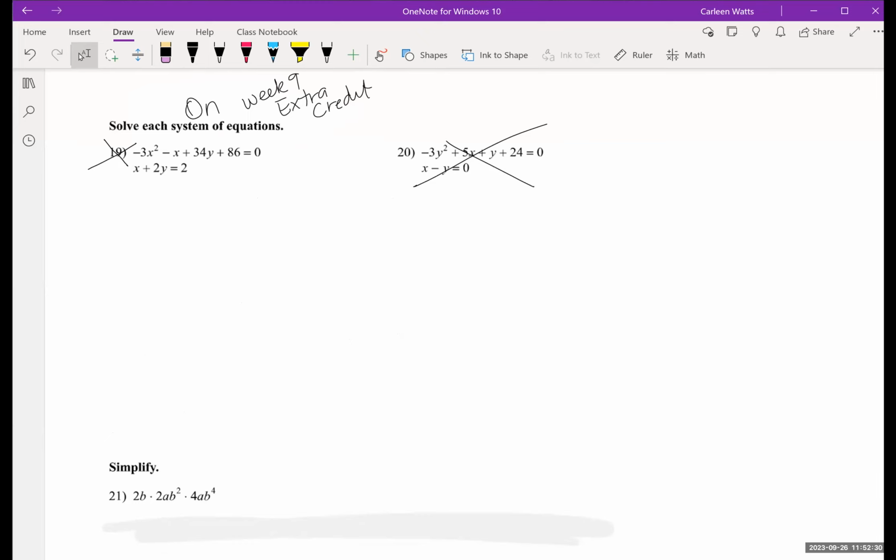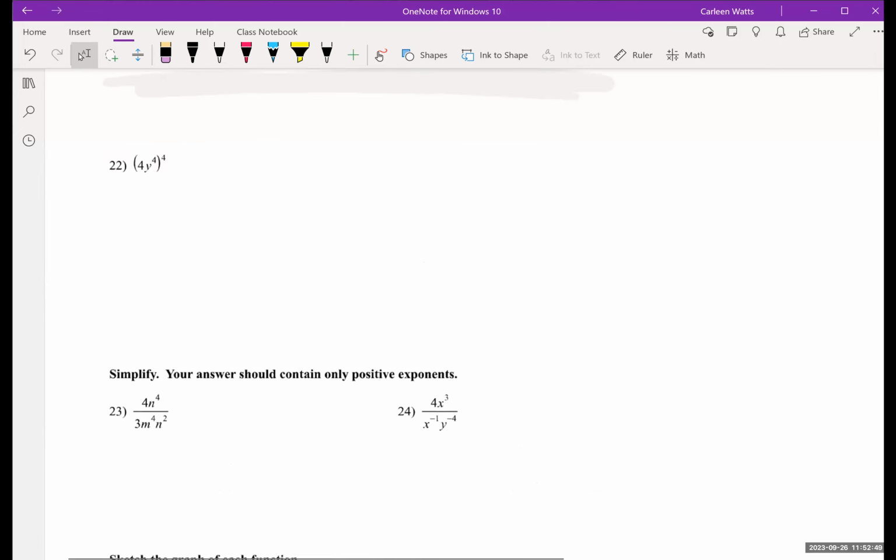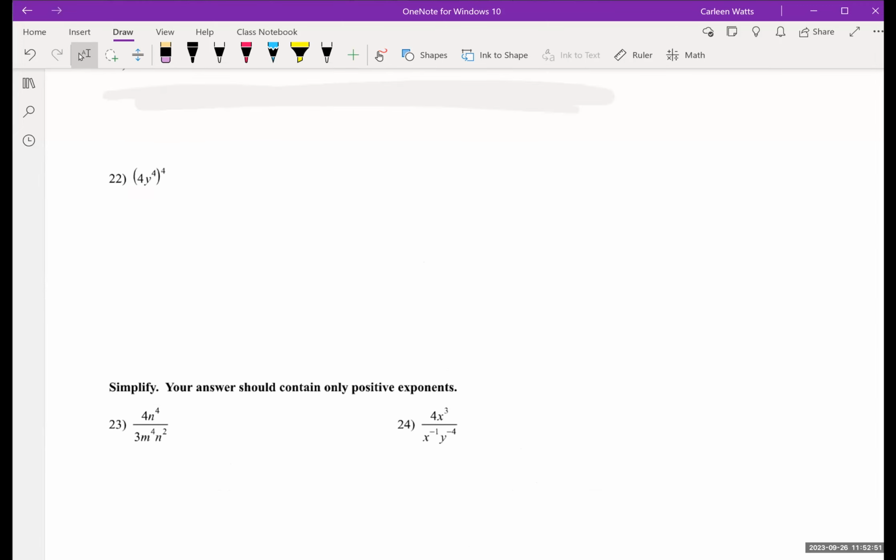Does anyone want to go ahead and see substitution for an equation that has an exponent in it and maybe possibly do it on the in-person week 9 exam? Or do you have any questions? Anything we need to see again? More explaining? 21, 22, 23, 24 is on your own. Can you do those?